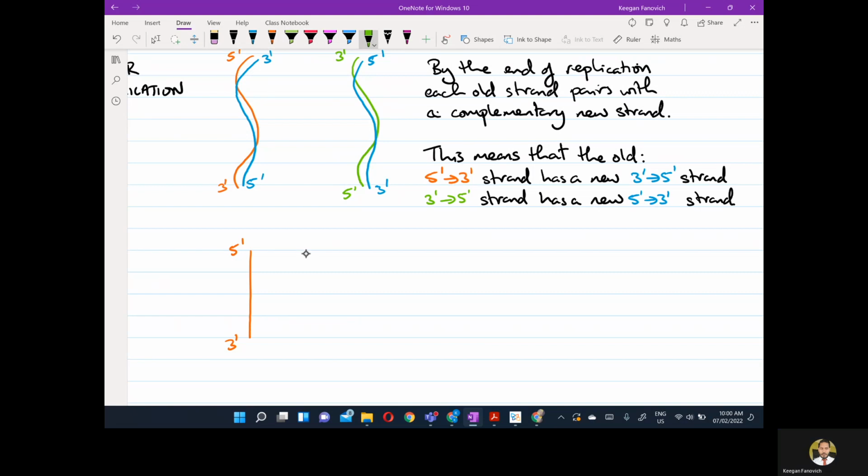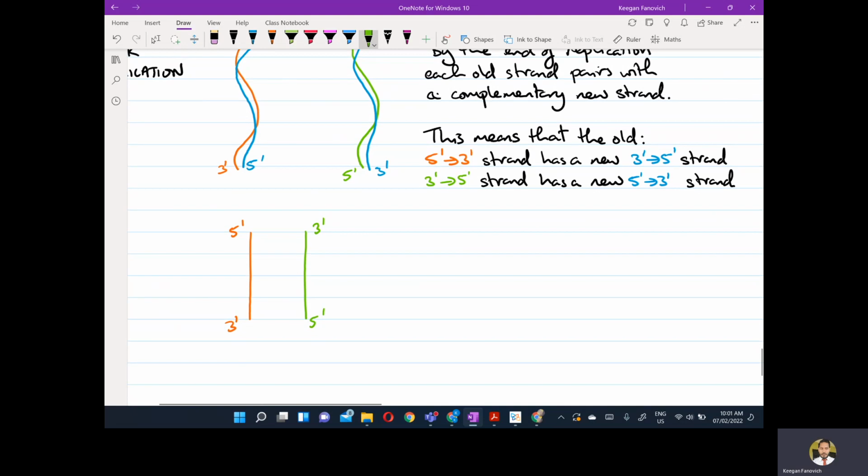And the green 3' to 5', let's say A, C, T, C, G. Then on the opposite side, you'd have to have pairs that line up with this. They'd have to be the equivalent. A's always bond to T's, C's always bond to G's. T, G, A, G, C.